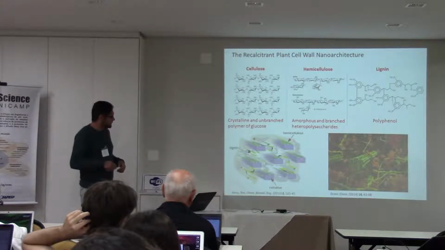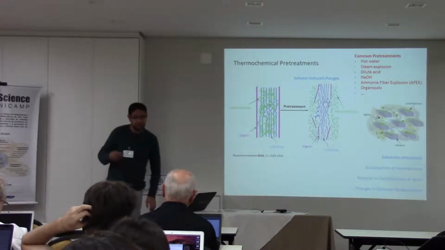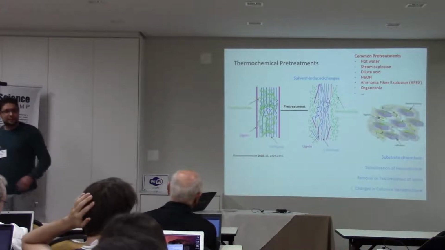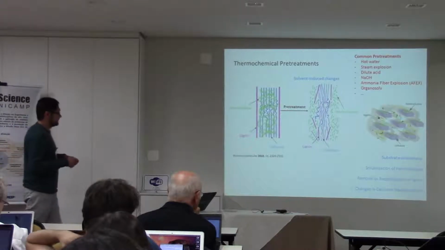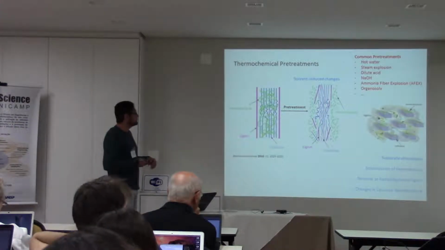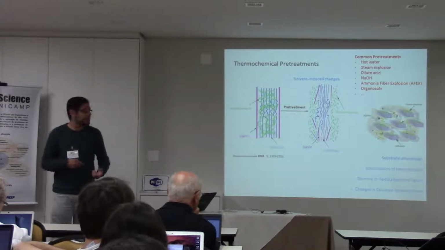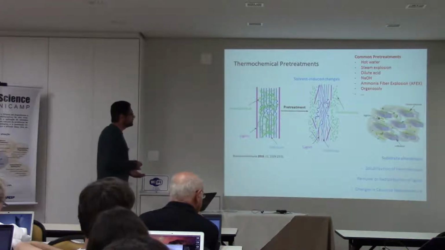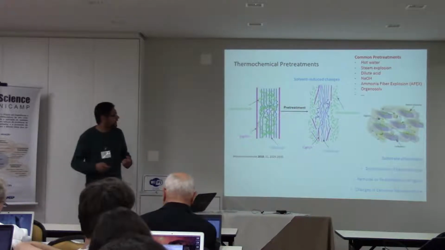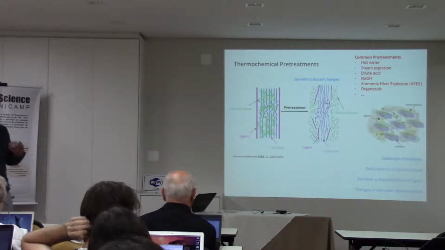So in order to deconstruct this structure, we usually have to perform some kind of physicochemical pre-treatment that can disrupt the structure. For example, here we have some cellulose, and hemicellulose in green adsorbed on the cellulose, and the barrier of lignin. The physicochemical pre-treatments can disrupt the structure and expose the cellulose, hemicellulose, and lignin to enzymatic attack.